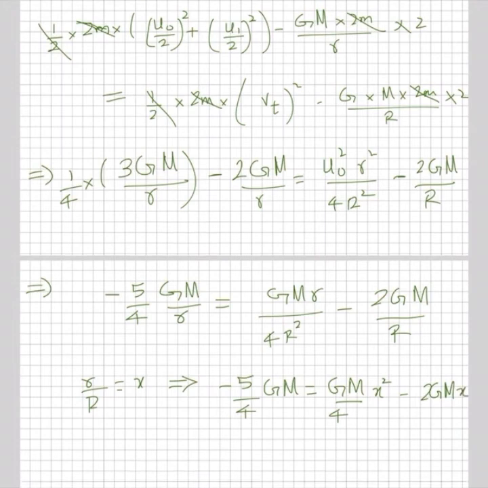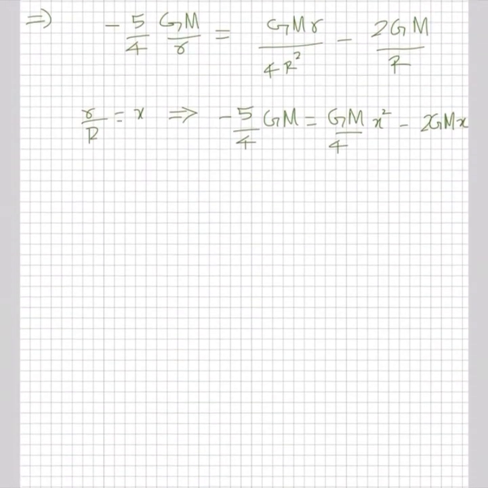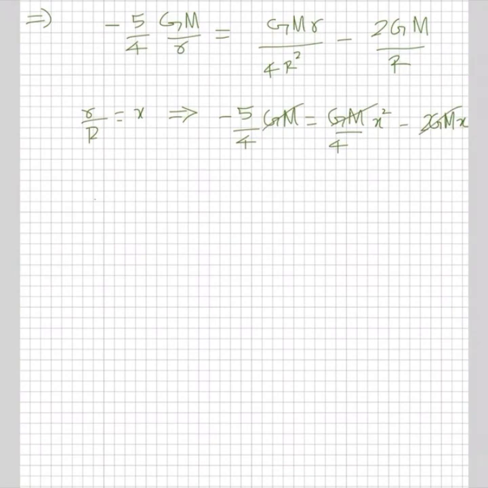Now this is a simple quadratic we need to solve, and GM can be cancelled over here. Sorry, I didn't cancel it earlier. So here we get x squared minus 8x plus 5 equals 0. This gives us x equals 4 plus or minus root 11.